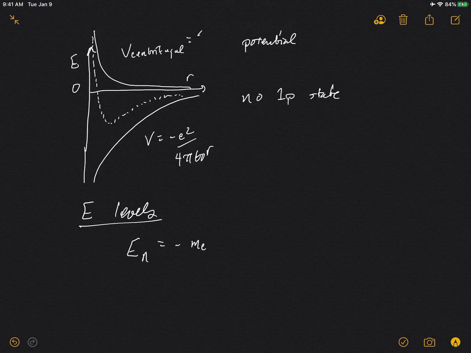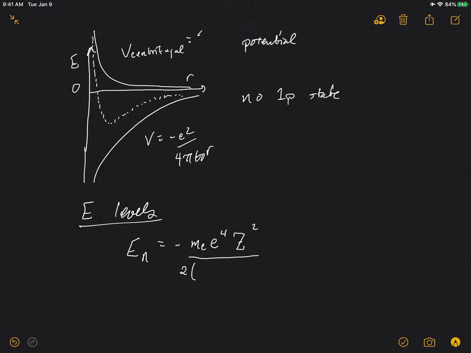The mass of an electron times the charge of an electron to the 4th power times z squared, where z is the atomic number of the nucleus.